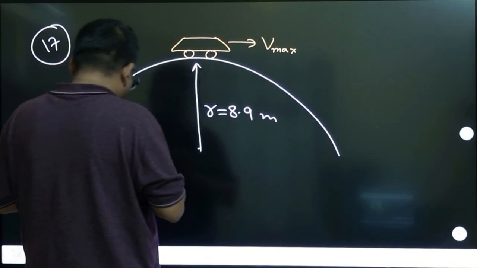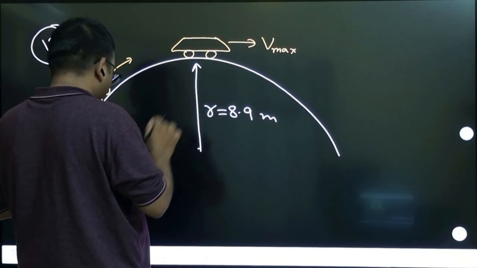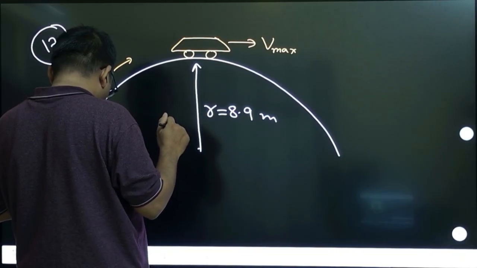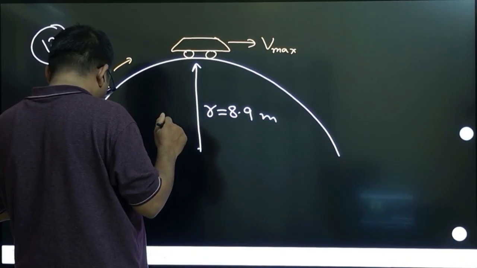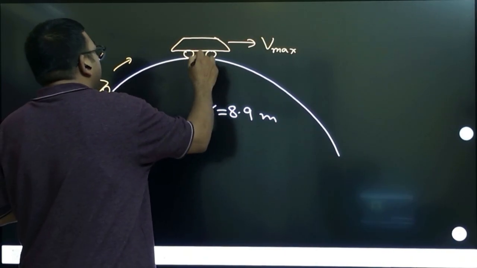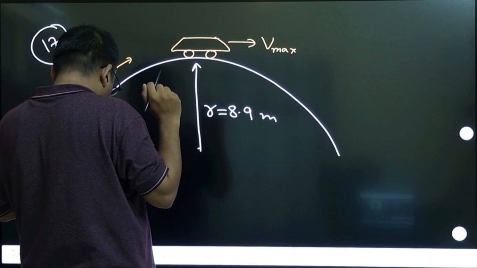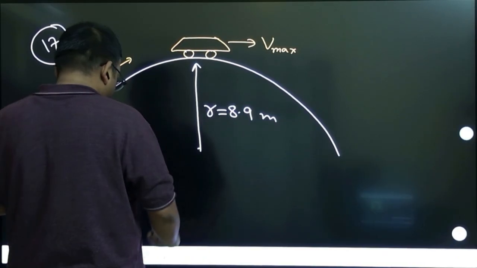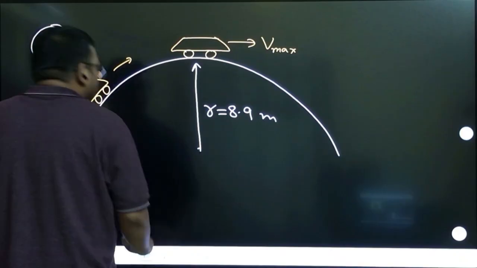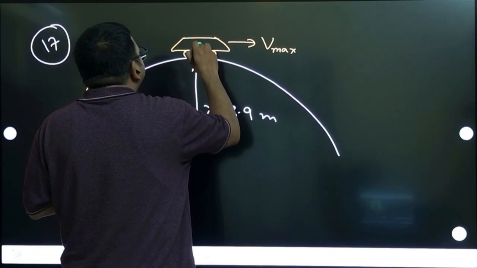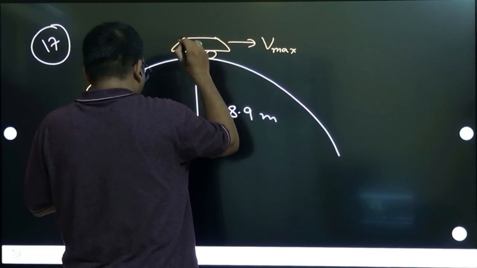So this maximum speed they are asking, at the greatest speed at which the car can cross this bridge without losing contact with the road at its highest point. The center of gravity of the car is at a height h above the ground. So center of gravity means here somewhere, where the mass is located.